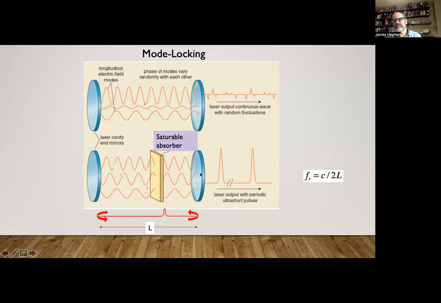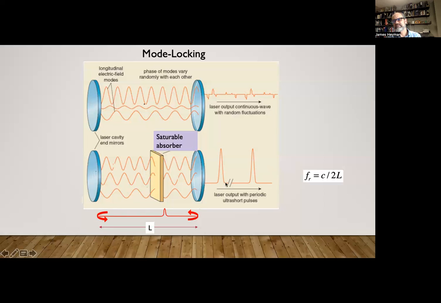So now the laser pulse is bouncing back and forth. Every time the laser pulse strikes the partial mirror at the front of the laser, a laser pulse is emitted by the laser. And so we get a stream of narrow laser pulses. And the time between the pulses is just the round trip time inside of the laser.